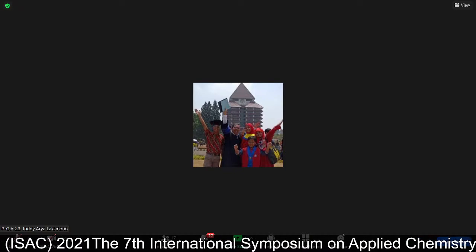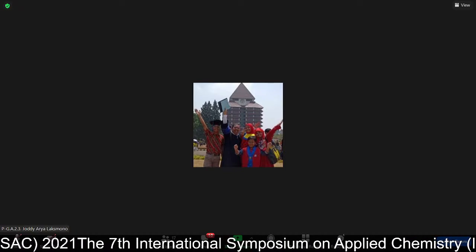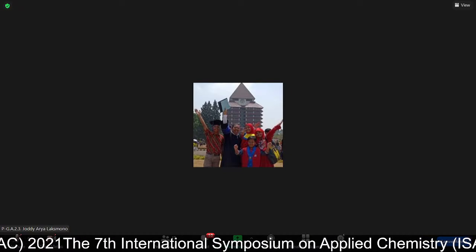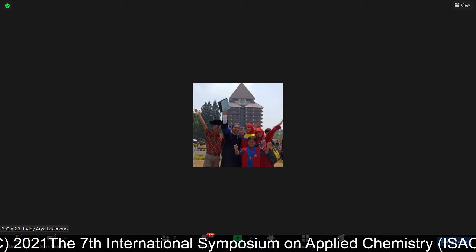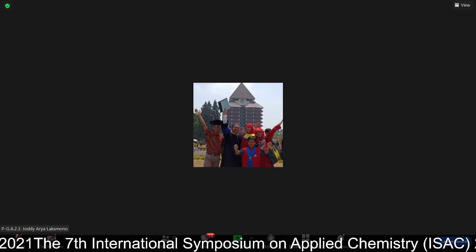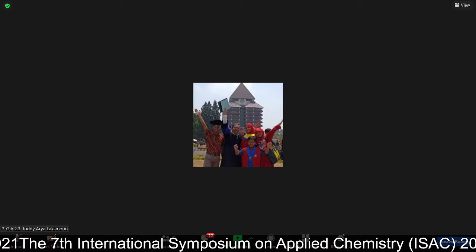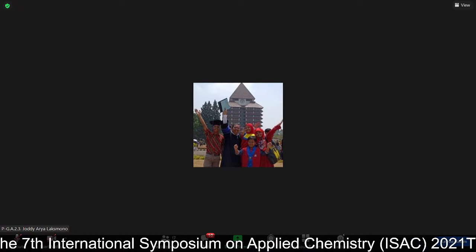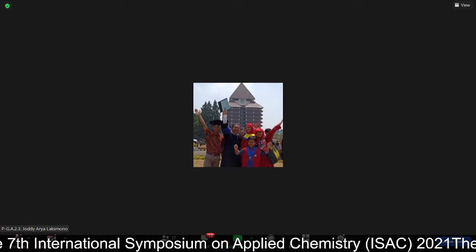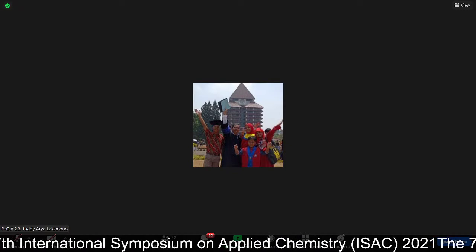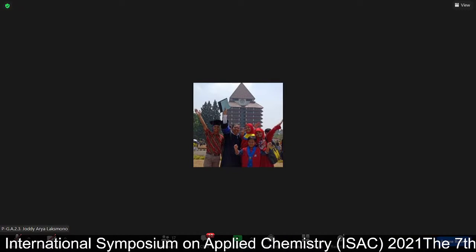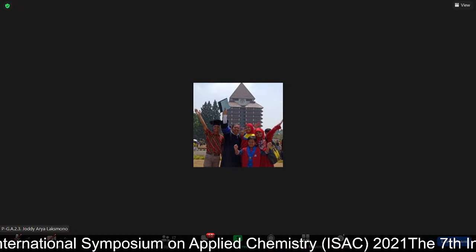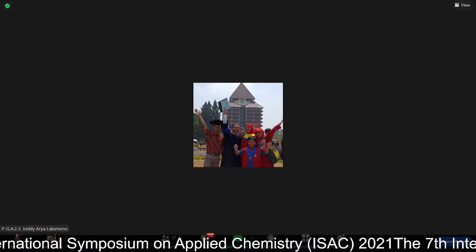Based on our previous research, we can do further research on how we can measure the interaction of the hydroxyl number with the sodium ion, maybe with another characterization.